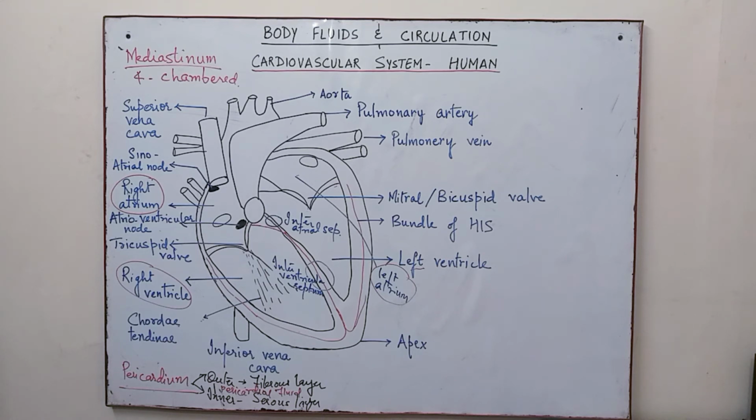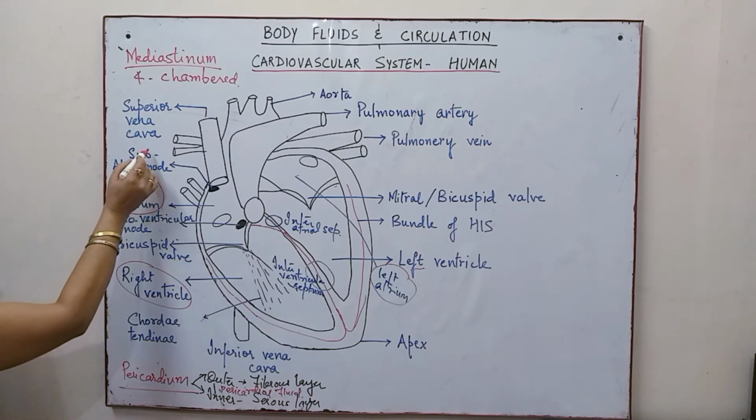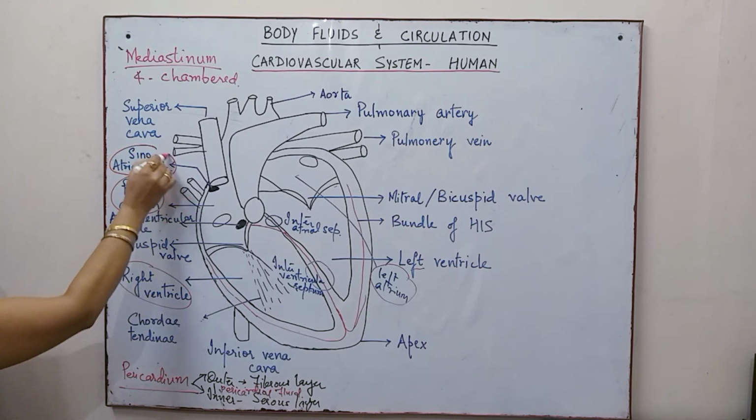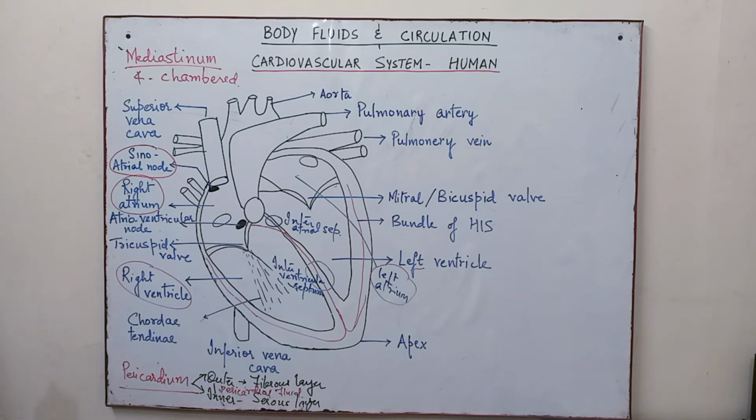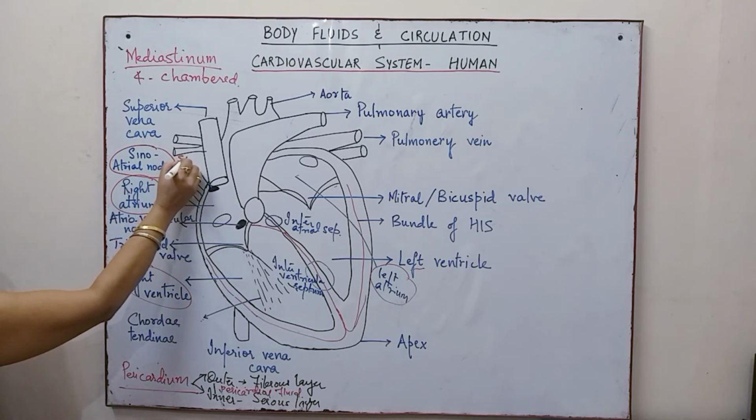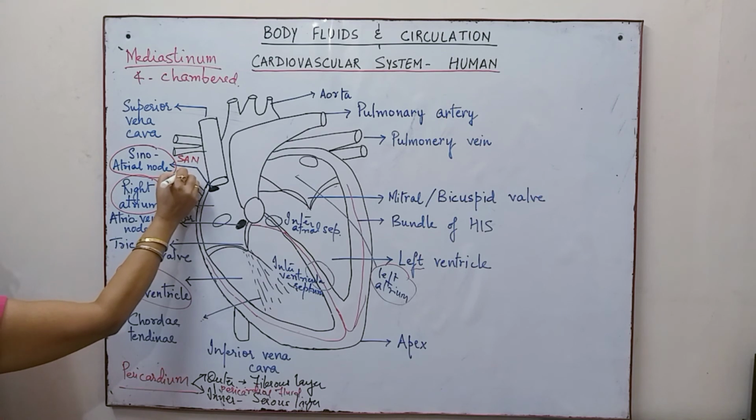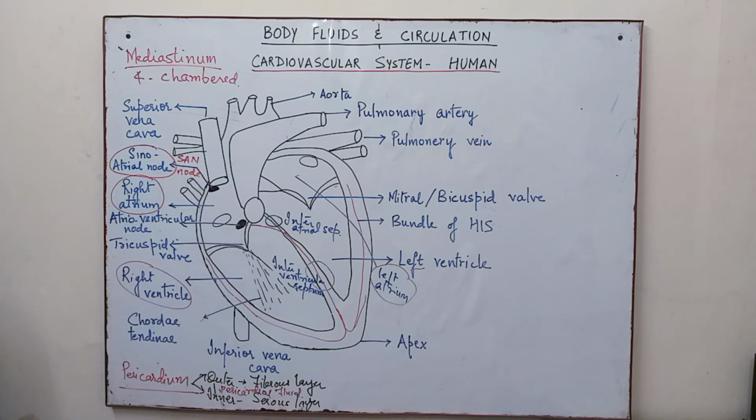Now, when we talk of the structure, another important structure is the sinoatrial node. This is known as SAN node also. This node is actually the pacemaker of the heart.